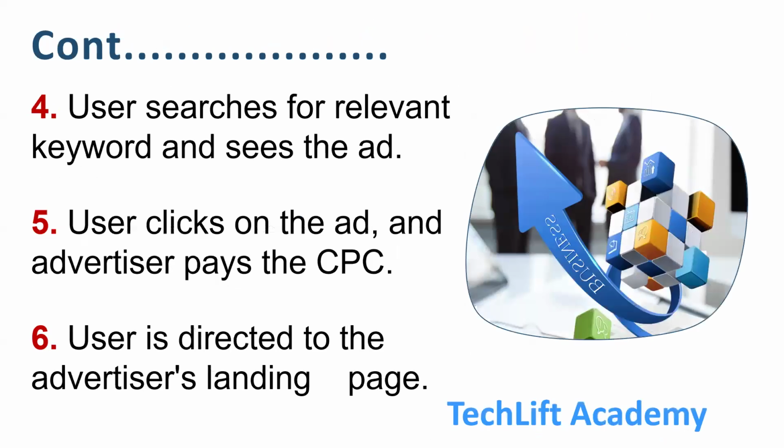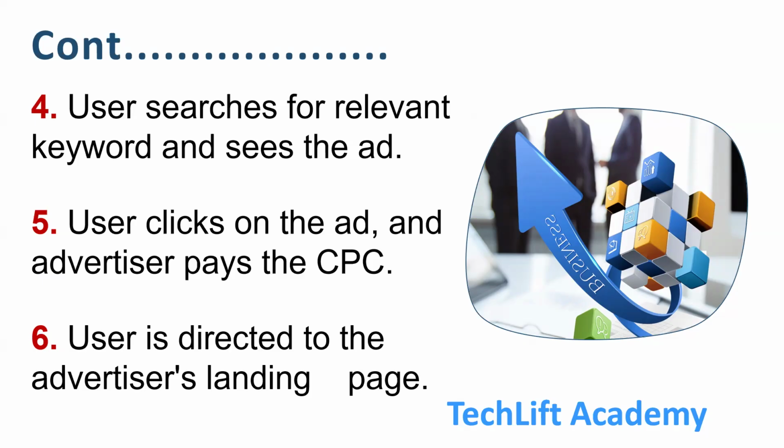And then users search for a relevant keyword and see the ad. So if they are typing about, maybe, current enrollments, what is going to come at the top? Maybe current enrollments in the university.